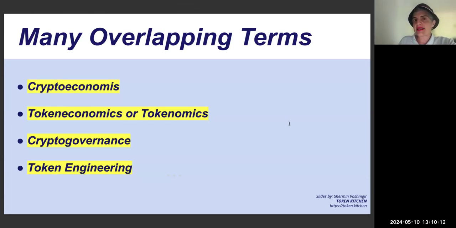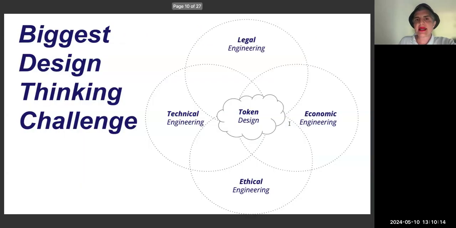From my experience, and why I created this design thinking tool, the biggest challenge that most people face when designing or analyzing token systems, in their conceptualization stage, is that legal questions get mixed up with technical questions, with economic questions, with ethical and political questions.